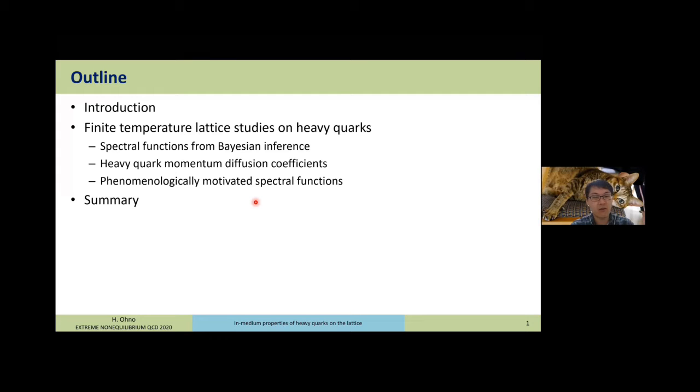I will also show some results from studies with my collaborators on heavy quark diffusion coefficients, and also some modeling of the spectral function by using some phenomenological knowledge. And then finally, I will summarize my talk.